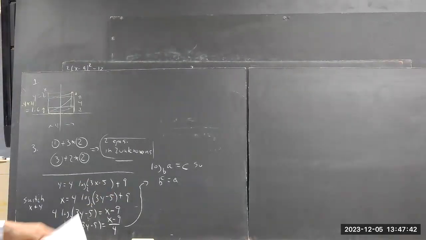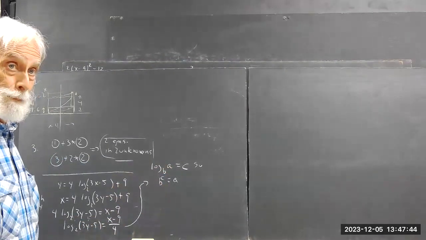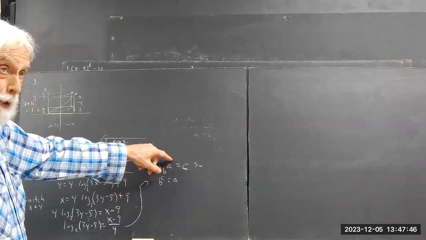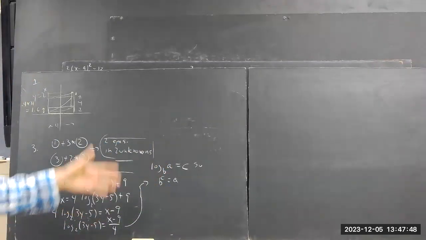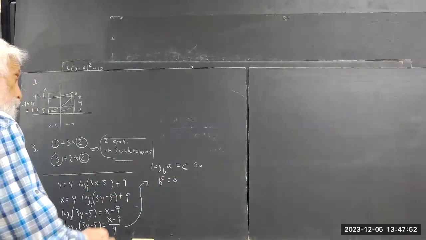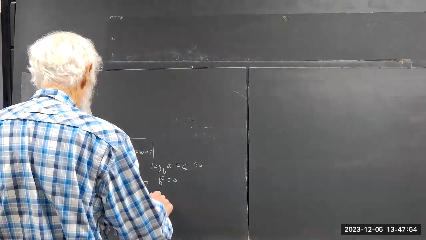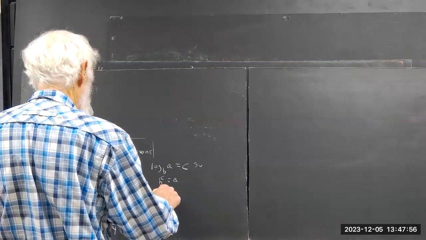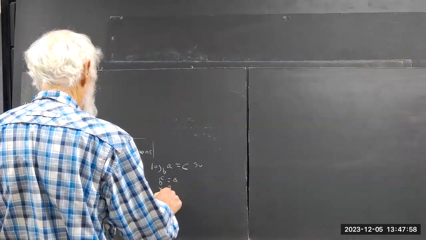Until I got it down to this form, it was not in this form. We didn't have just a log base b of something. We had something in front of it and something attached to it. But now it's in this form, so I can write it in the form b to the c equals a, which is just 2 to the x minus 9 over 4.